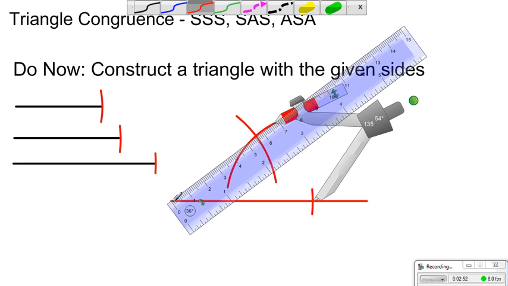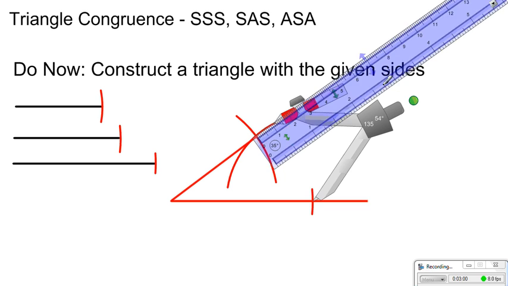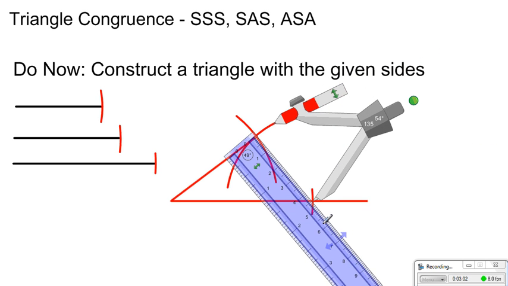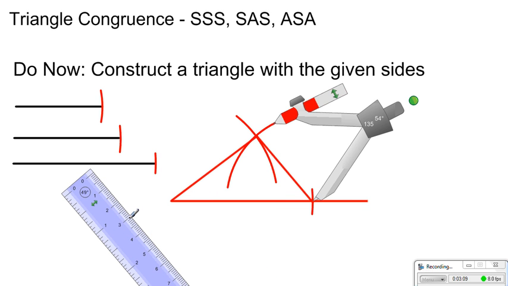So there it goes. We just formed a triangle using these three line segments.